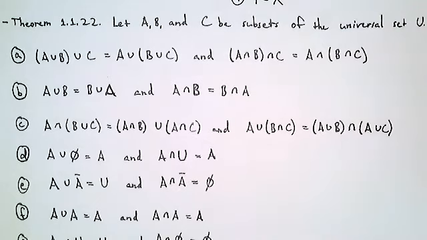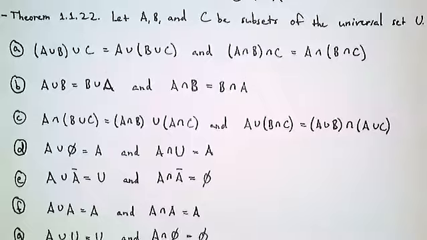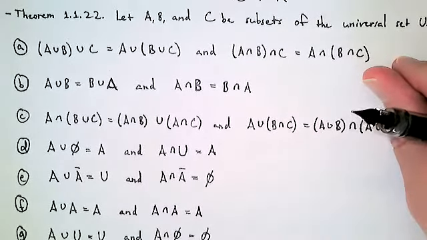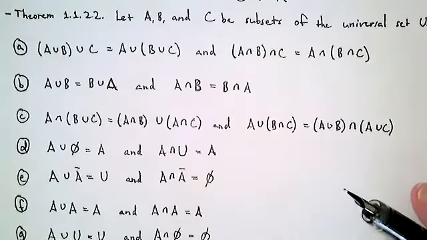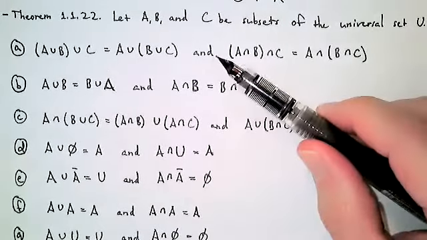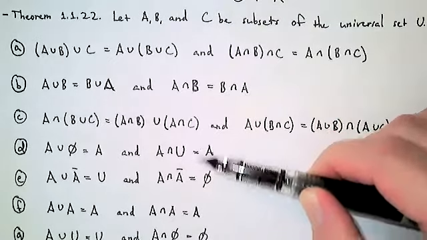And this collects lots of properties that you need to know about sets. We're not going to go over all of this in detail today, but you might want to take a look at this and become a little bit more familiar with it. But we'll return to this theorem in chapter 2 when you guys actually prove these statements on your own.